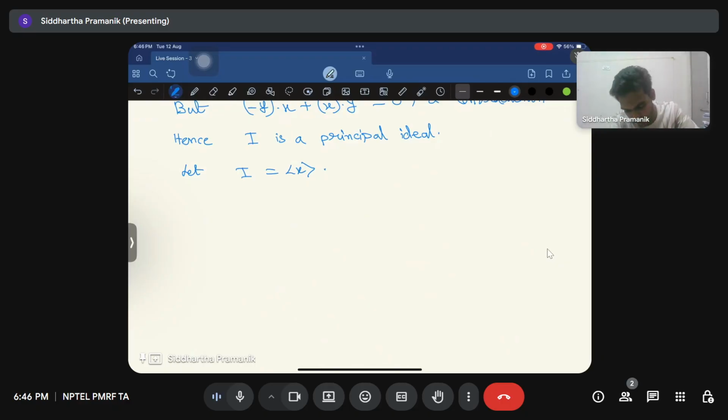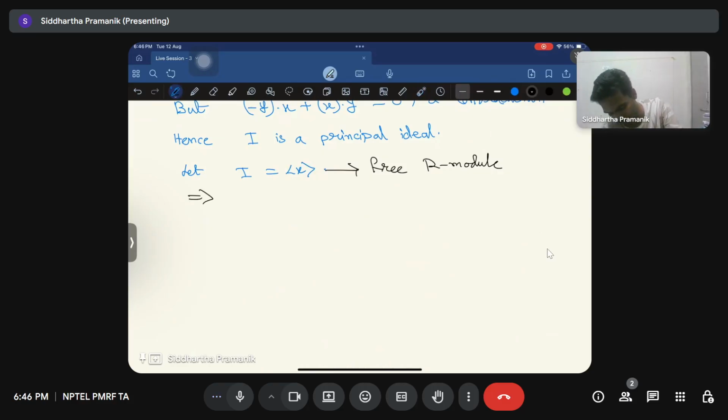So a singleton, so this is a free module, right? Now this is a free R module, and this X is a generator. So this has to be linearly independent because it's a free module. So it must be a basis.